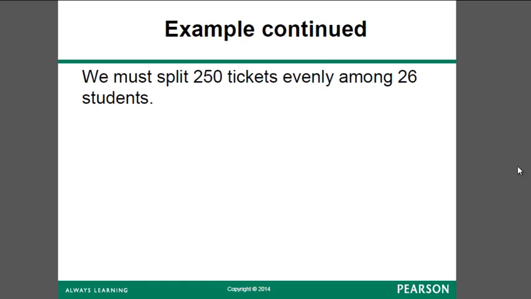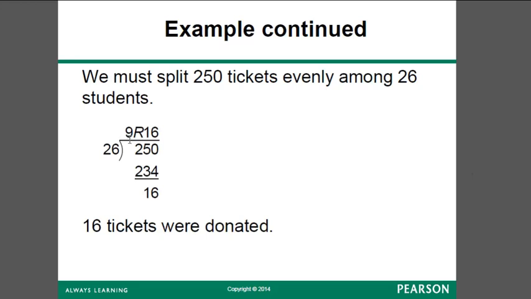You can do this on your paper. When you do, hopefully you will come out with the answer 9, remainder 16. That means that each student received 9 tickets. There was a remainder of 16 tickets.